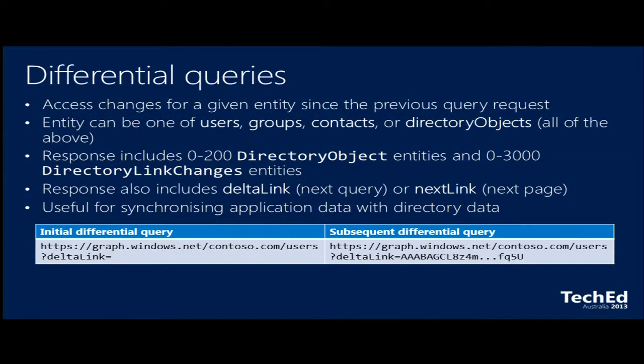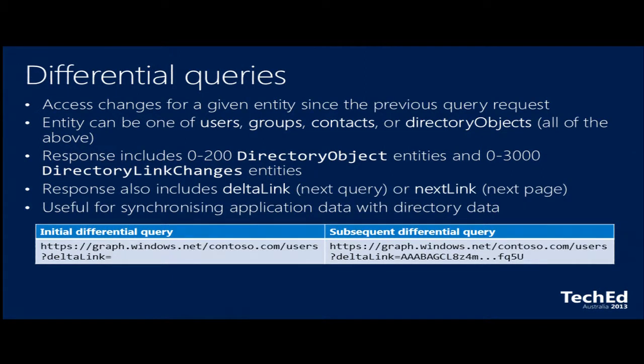Just before I move to a demonstration, the Windows Azure AD Graph API also supports what are known as differential queries. This is useful if you have a scenario where you want to synchronize some of your application data with some of your directory data.